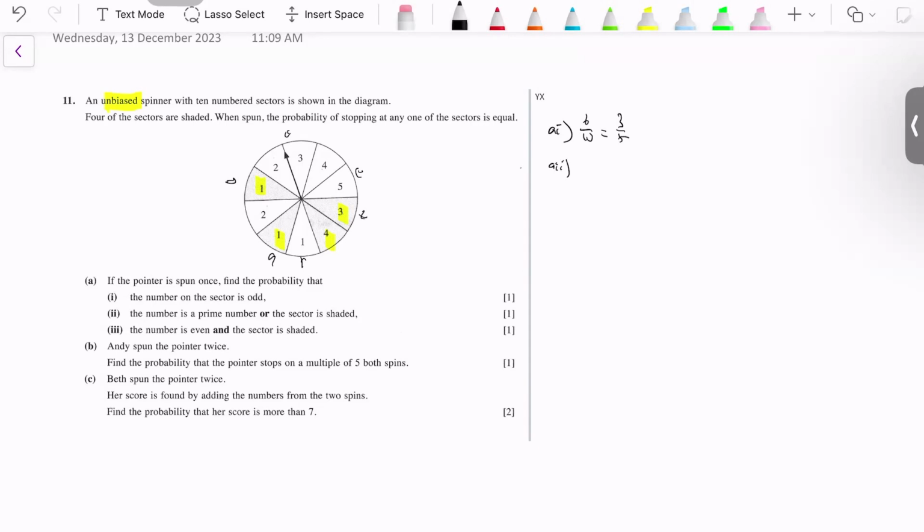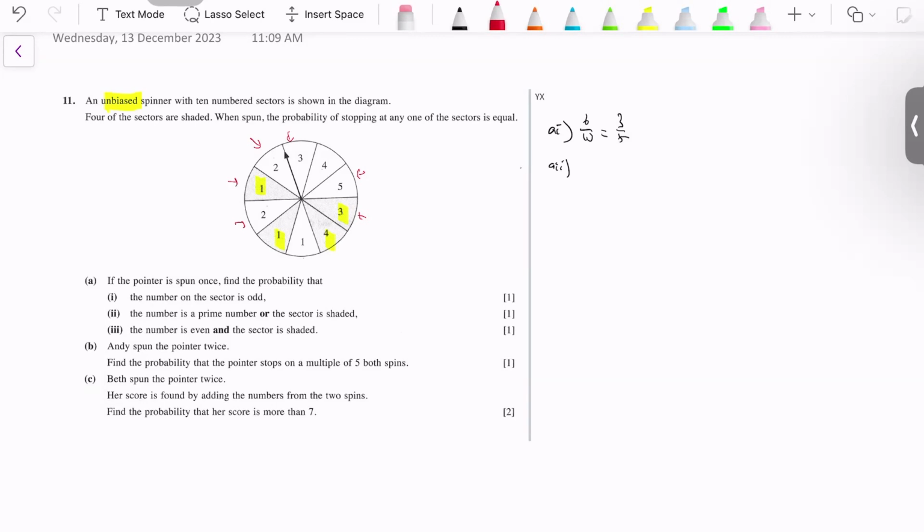Moving on, part A, part 2. The number is a prime number or the sector is shaded. First we look for those which are prime numbers: 2, 3, 5, 3, 2. Next we look at those which are shaded.